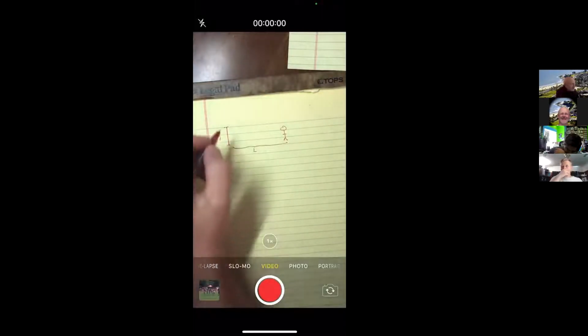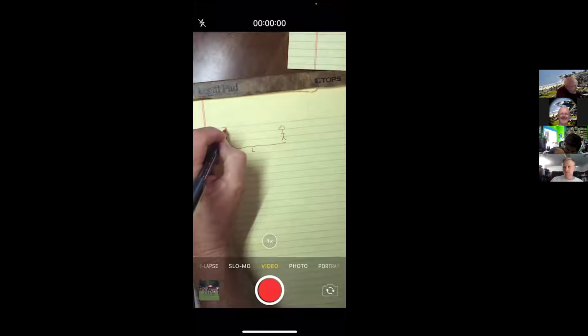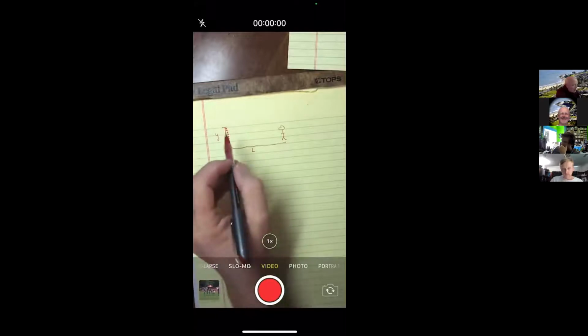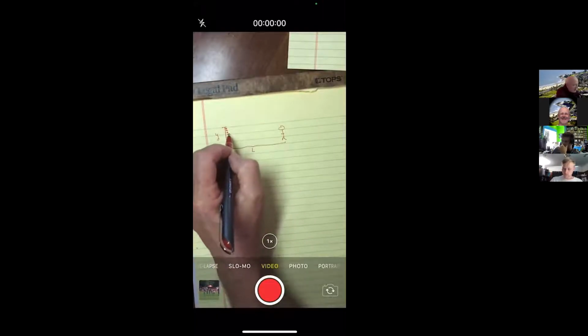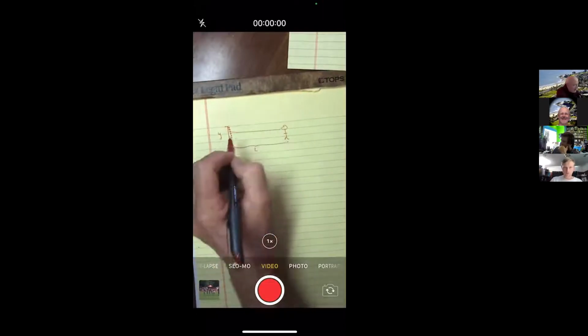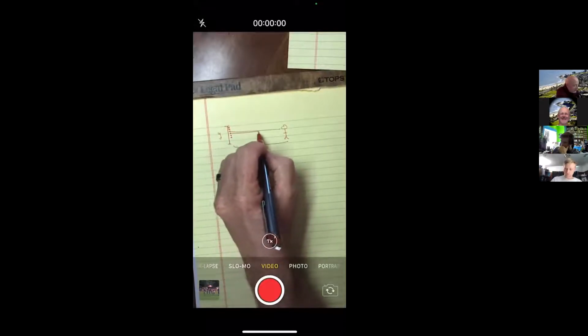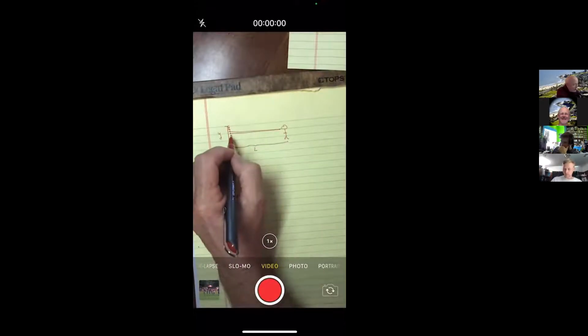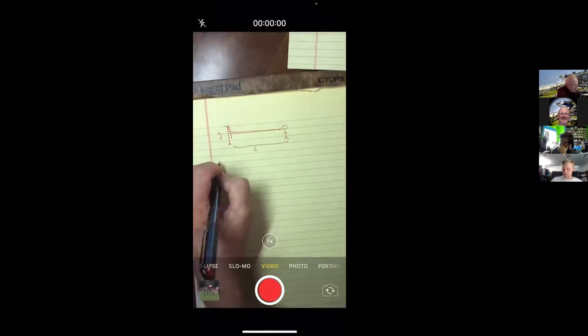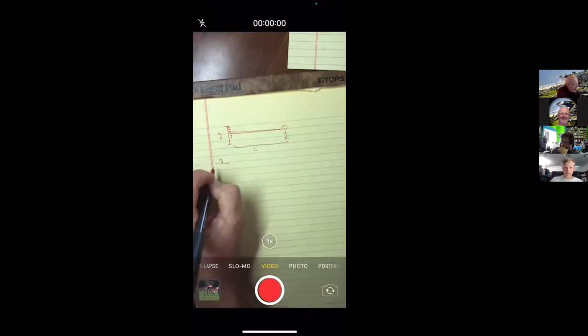Okay. Now, there would be a line and another line and another line and another line. So the spacing between any two lines would be Y divided by 485.